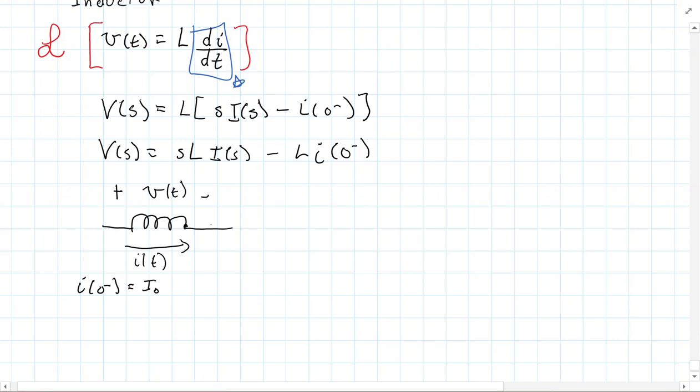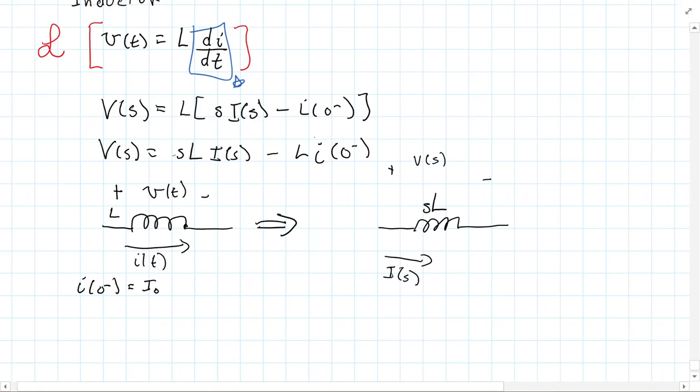Okay, so this is the time domain. If we move this into the s domain, or the frequency domain, we still have the inductor, but now this is sL, because look at my voltage-current relationship: I've got s times L. I've got my voltage V(s), and my current I(s).